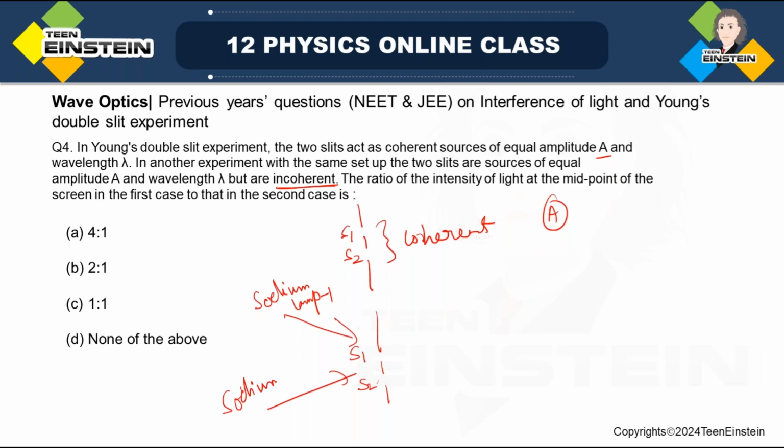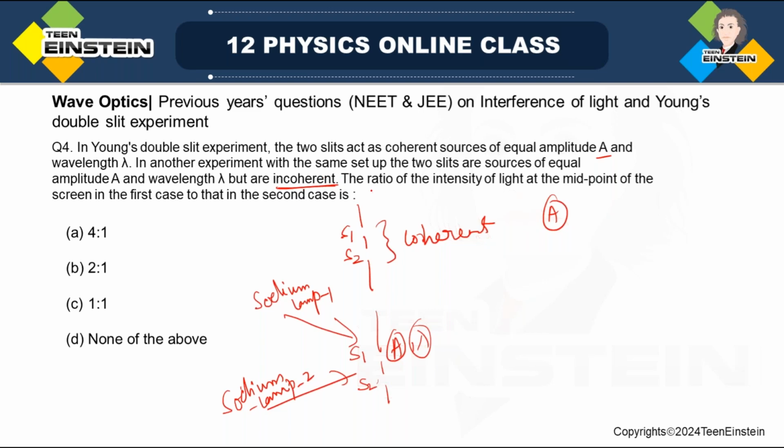If they are illuminated by two different sources, then maybe their amplitude same, wavelengths are same, but they are not coherent because they don't have constant phase relationship.